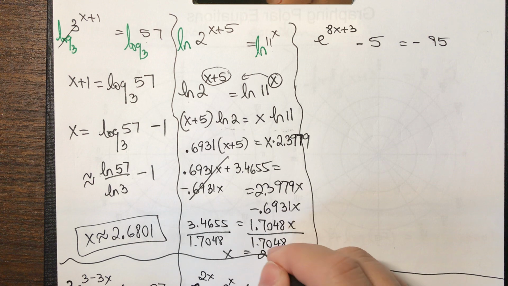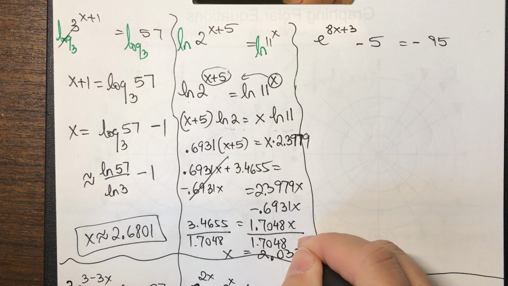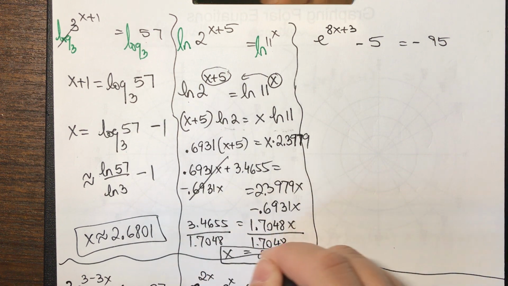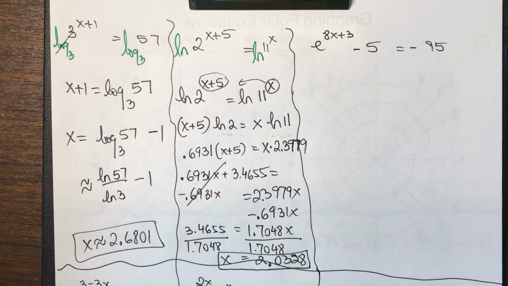X is about 2.038... 328, sorry. There you go. Okay. So again, using 2 decimal places surely would have gotten us at least faster, because we at least wouldn't have had to write so much.